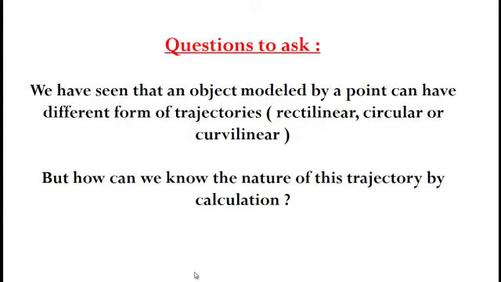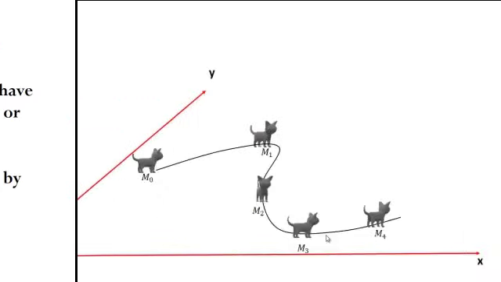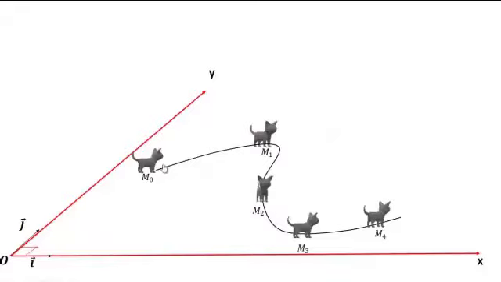But we found the form of the trajectory using observation. But what if now we don't have a figure? How can we know the nature of this trajectory by calculation? For example, if you have this cat that's moving, and we notice the trajectory is a curve, then it's a curvilinear trajectory.